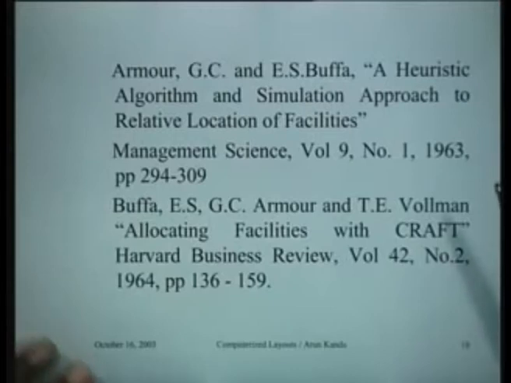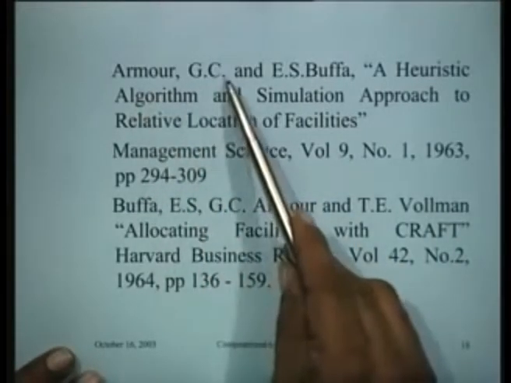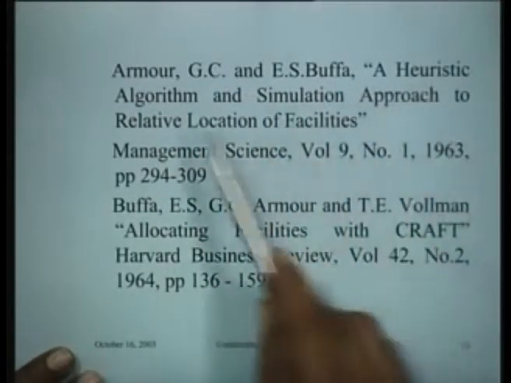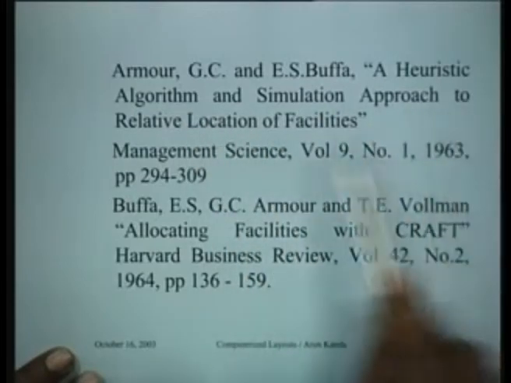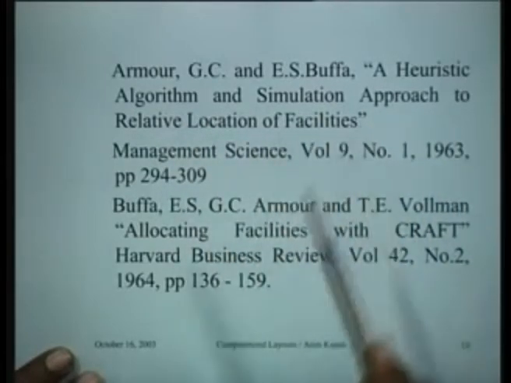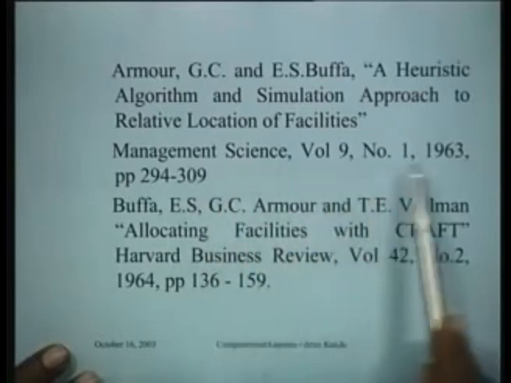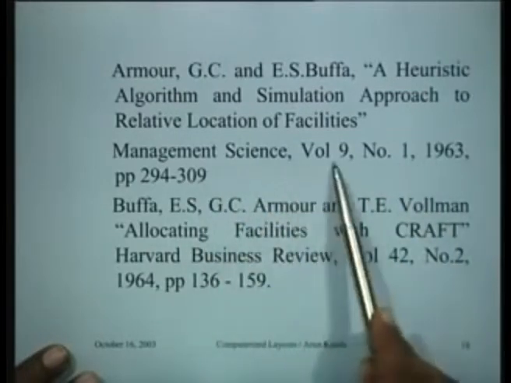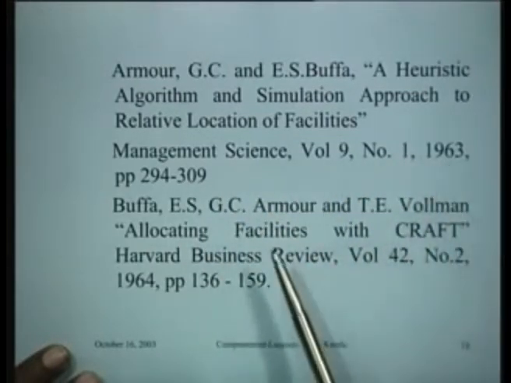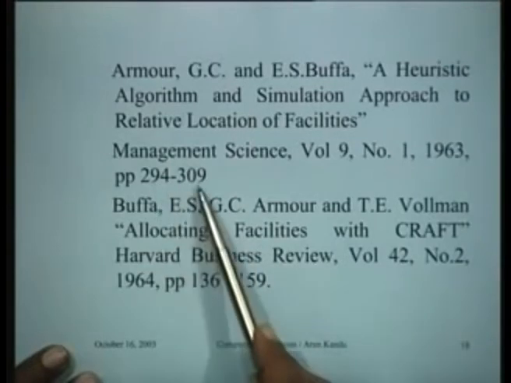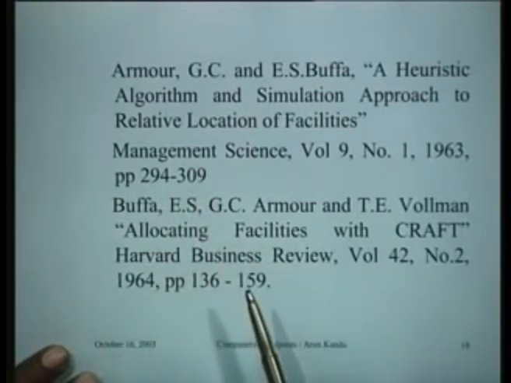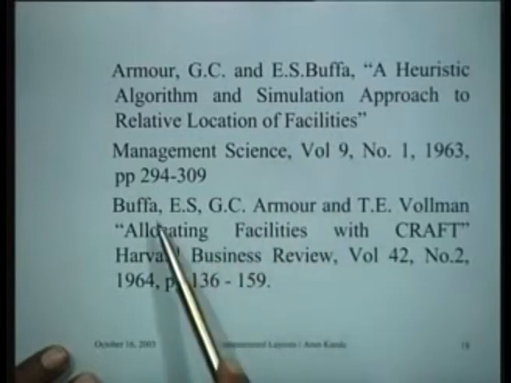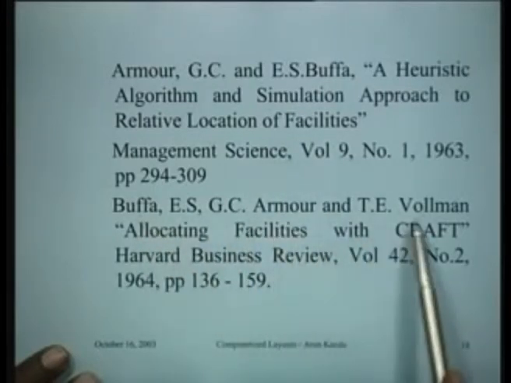So it was basically, Armour and Buffa, a heuristic algorithm and simulation approach to relative location of facilities. This was the first paper which appeared in Management Science, volume 9, number 1, 1963, pages 294 to 309. And a second paper based on this was by Armour and Vollmann.